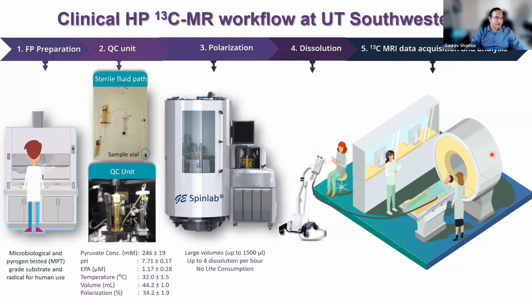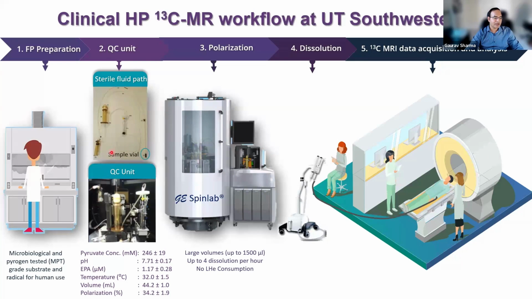So here is the clinical 13C MR workflow at UT Southwestern. Because it is human, more regulation and approval is needed, all of this procedure is sterile, and we definitely need a clinical polarizer. Our pharmacists first prepare the fluid paths. This is a sample vial, which is loaded in the GE SpinLab clinical polarizer, and there is a QC unit.